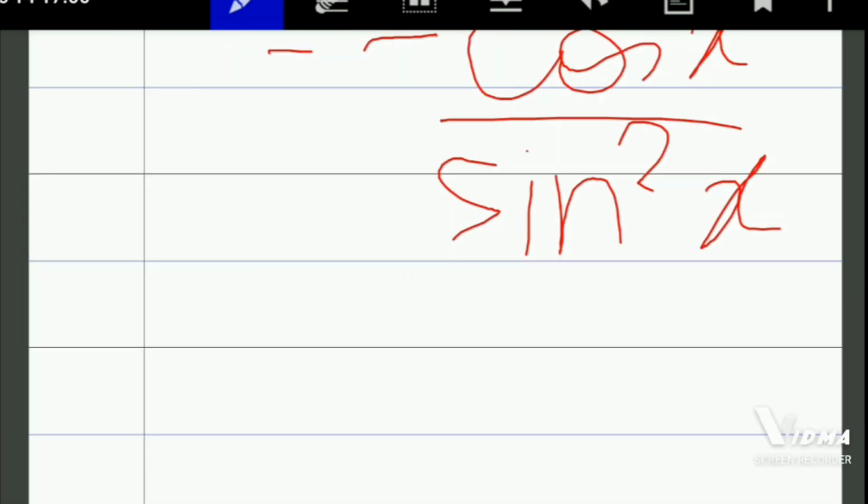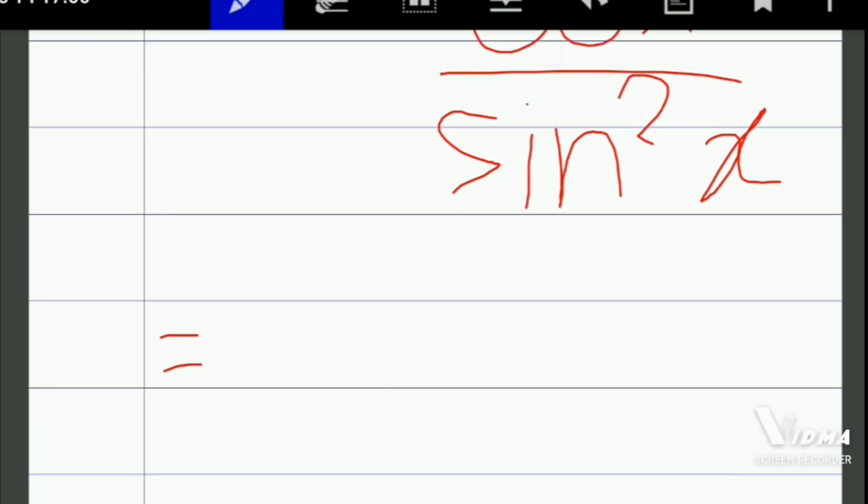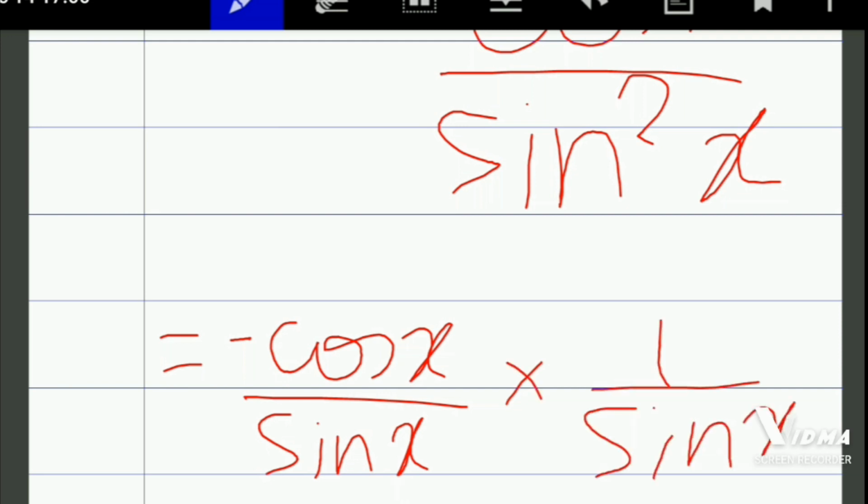This can be further simplified as minus cos x by sin x into 1 upon sin x.